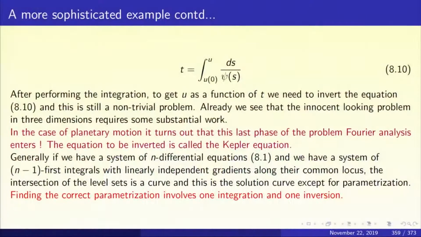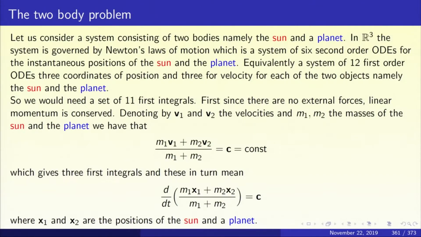In other words, the curve that we are looking for, the solution curve, is nailed down, except that the parameterization is unknown. So we are back to the same problem of performing an integration and performing an inversion. What is this equation 8.10 that's going to get inverted in the context of the two body problem? That is the Kepler equation that we are going to now derive.